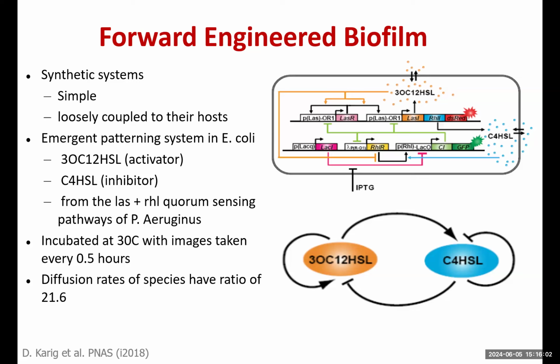What we did was we took a biofilm and we engineered the E. coli in the biofilm to signal each other, which they do. And then we put green and red fluorescent proteins on the signaling molecules, so we could see where they were.